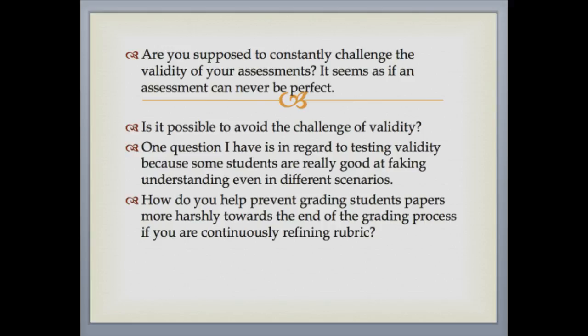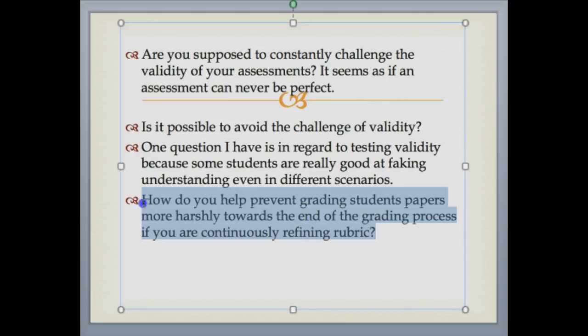So another piece of the sort of assessment being messy and imperfect is this final question about how do you help prevent grading students' papers more harshly. So this is a good general point in that we as humans are imperfect instruments. So when we go to assess our students' work, we are not sort of scientific machines.